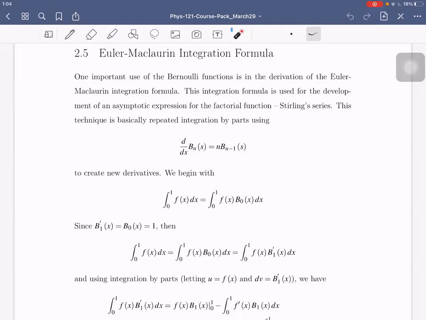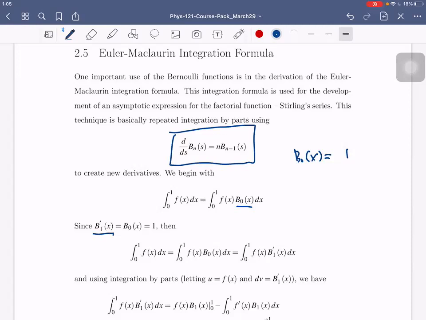So initially we have a function f of x, the integral of f of x dx from 0 to 1. So we know that b sub 0 of x is just 1, right? So we can actually add b sub 0 of x here in the integration since it's just 1. So using this derivative relationship, we know that when you take the first derivative of b1, so b sub 1 prime of x is b sub 0, right?